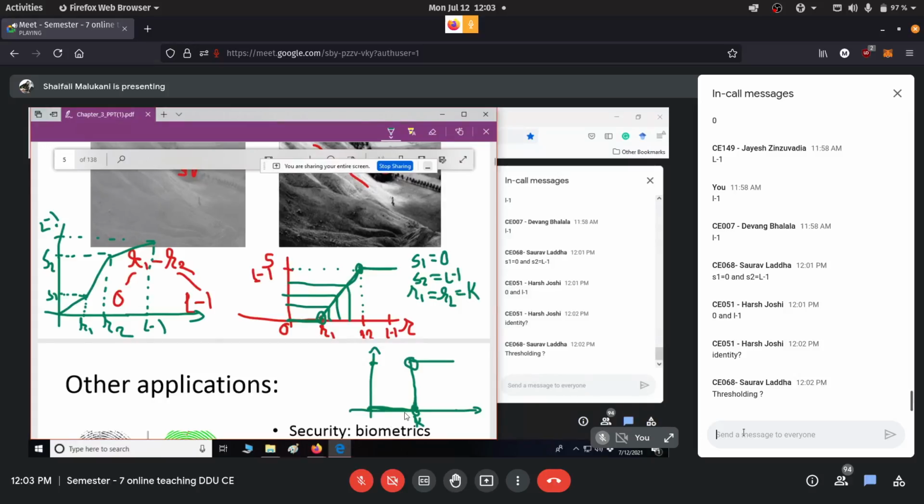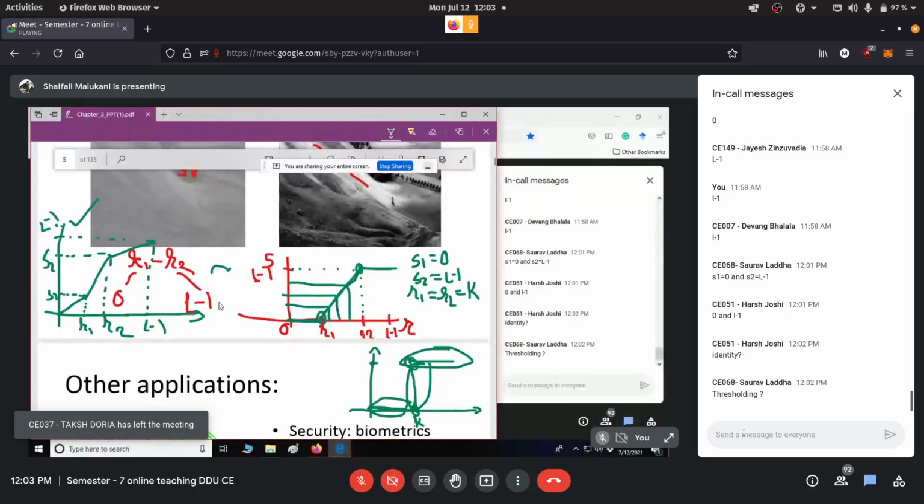Actually, what will happen? You have 2 points, right? So those points are joined. This is a special case of your piecewise linear transformation. Here also you can see that this is a piece, again there is a piece, and again there is a piece of a line. So this is the general diagram, and that goes to this.